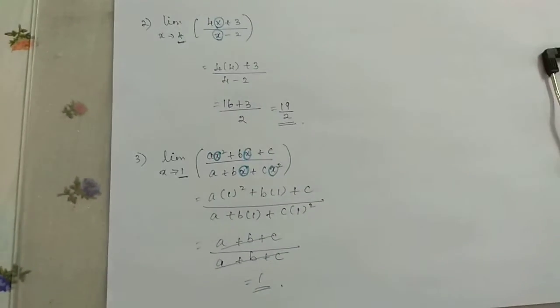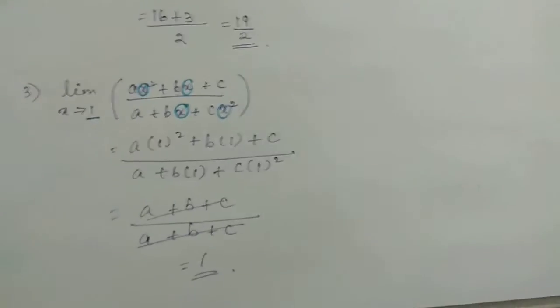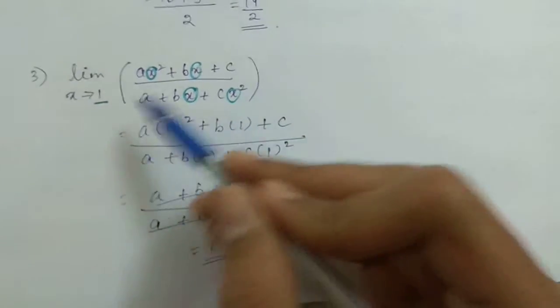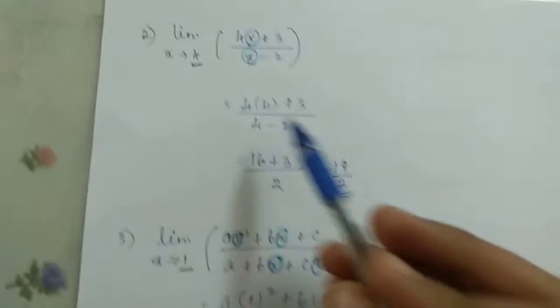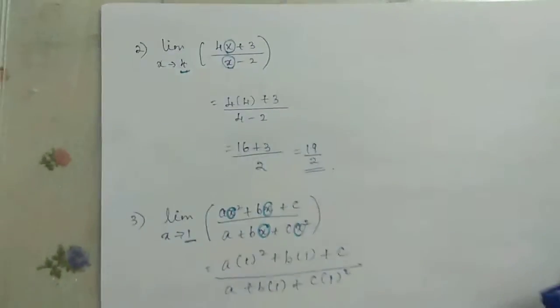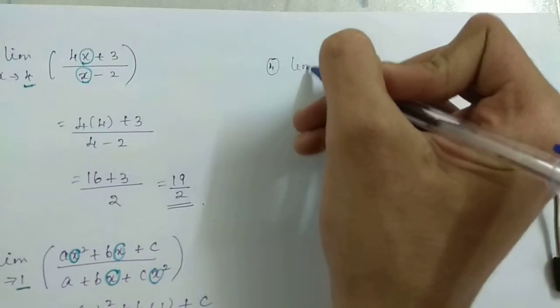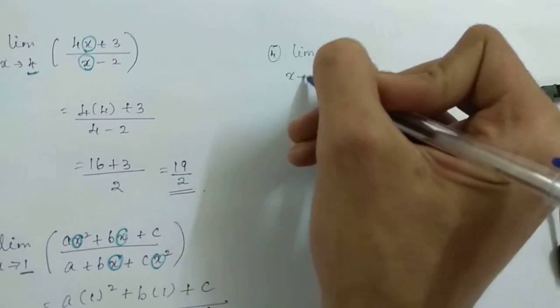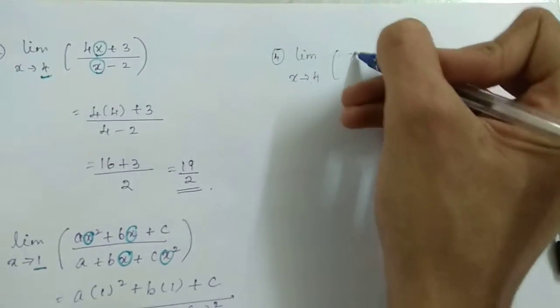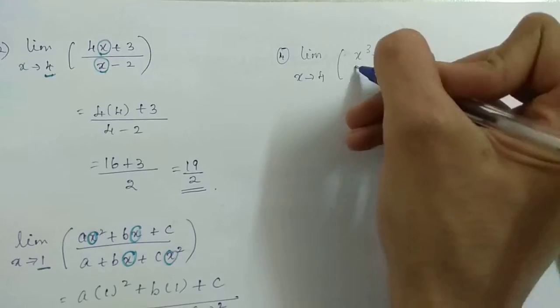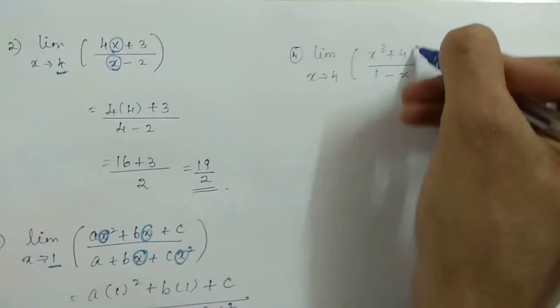So basically, direct substitution method means whatever the value x is tending towards, you need to substitute that in the given function. This will be a concluding problem for you to gain better understanding. Limit x tending to 4, x cube plus 4 divided by 1 minus x.